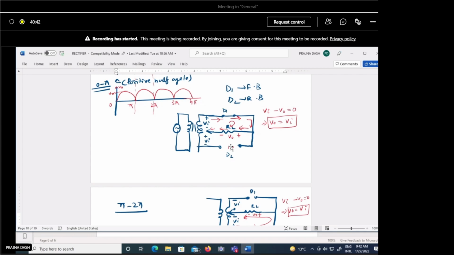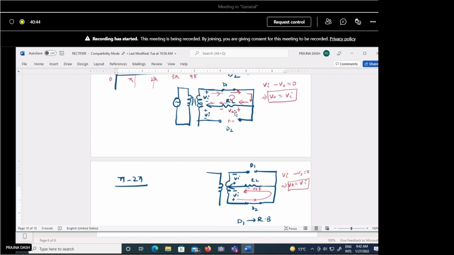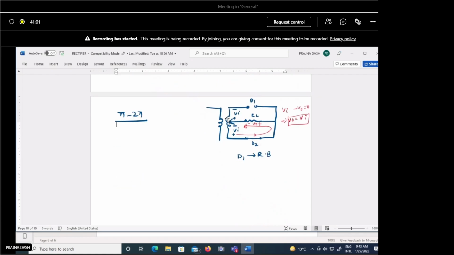Earlier we took V0 as 0, because there was no current there. But here, due to this path, current is flowing across the load. So the voltage across these two terminals will include both voltages, so the peak inverse voltage will be twice of VM. That means whatever diode we choose, its PIV rating must be greater than or equal to twice of VM.